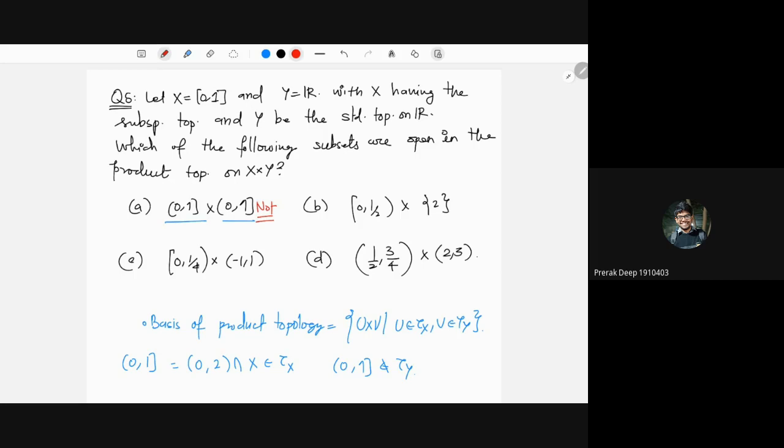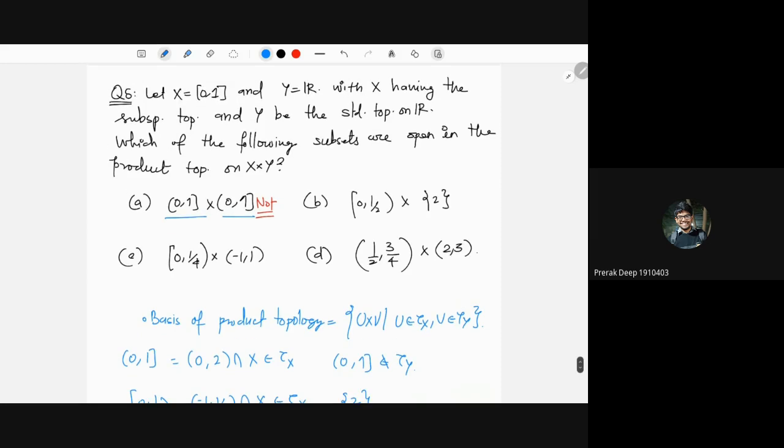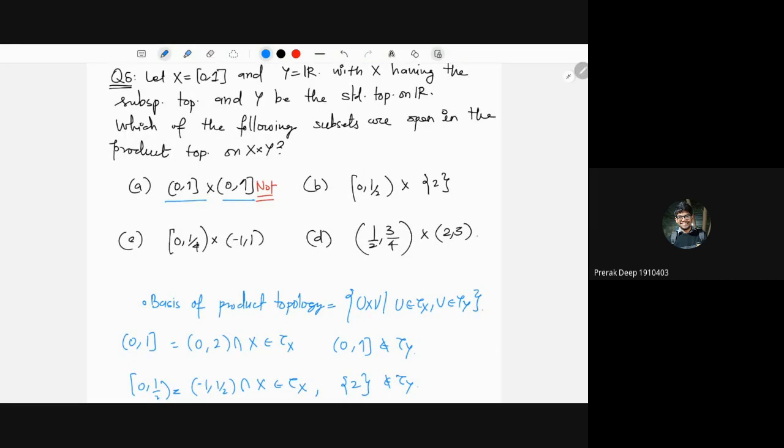Now, what about B? This closed 0, open half can be thought of as the interval -1 to half intersected with X. So it is an open set in X, but the singleton 2 is not an open set in the standard topology on R. So again, this is not open.